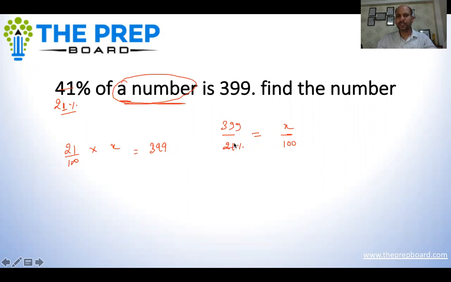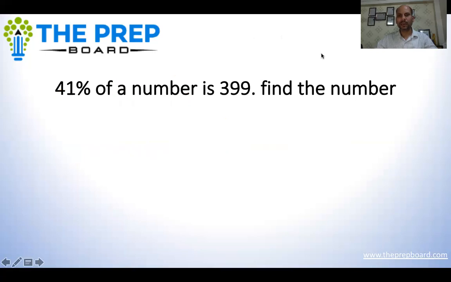So this is 20 plus 1, it must be divided by 21. 19 times is 20 minus 1. X becomes 1900. Okay. So in most examinations, you find numbers which give you integral results. So that's why I'm telling you to look at the numbers, which is very important. Okay. Let's move on to the next question.